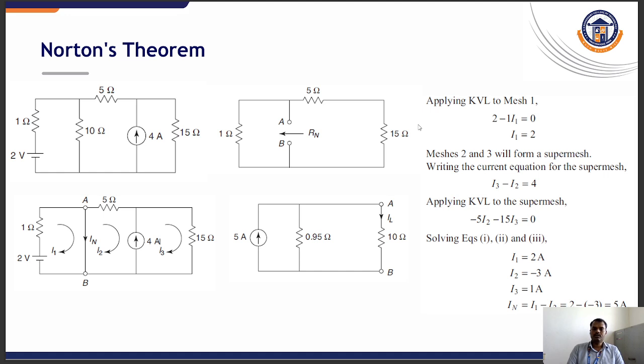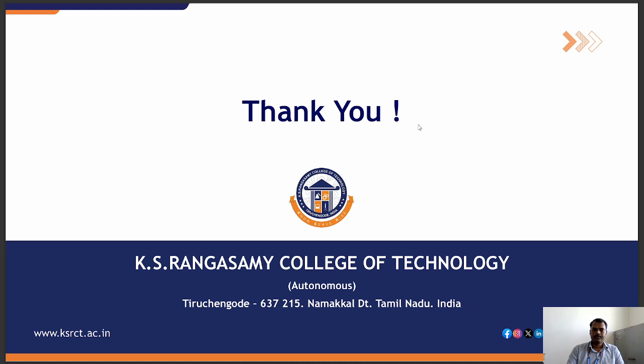All these four theorems are network theorems, where the maximum power transfer theorem is to find the maximum power that can be used by the load resistor, and the superposition theorem is using single sources in order to find the current or the voltage value. So this is all about the network theorems. Thank you.